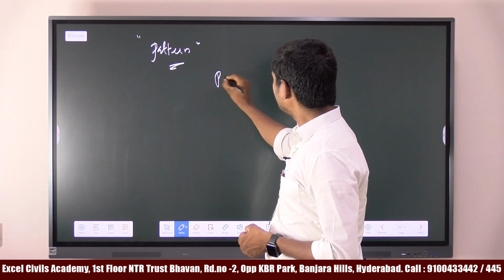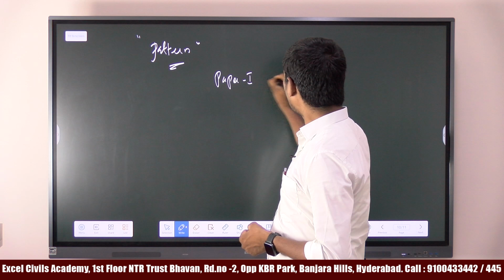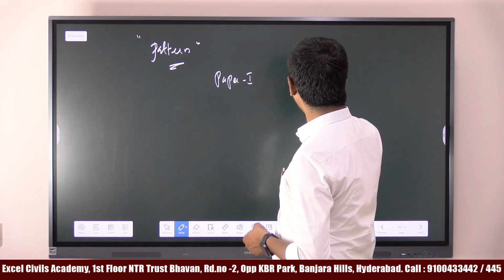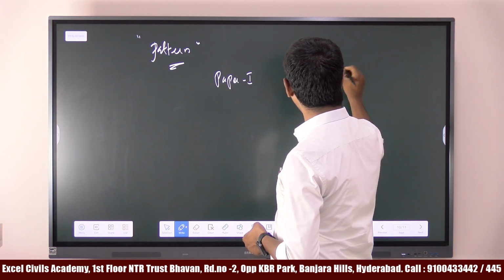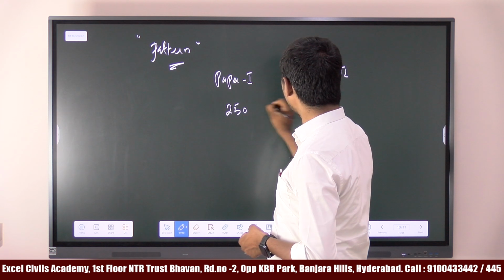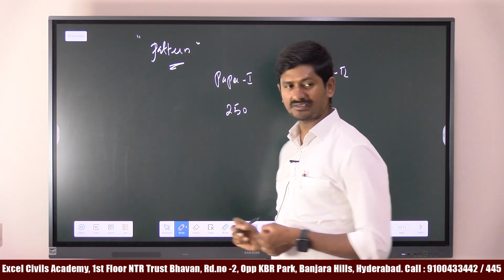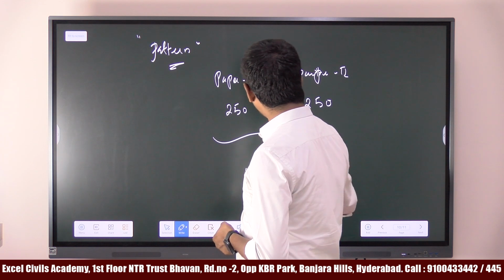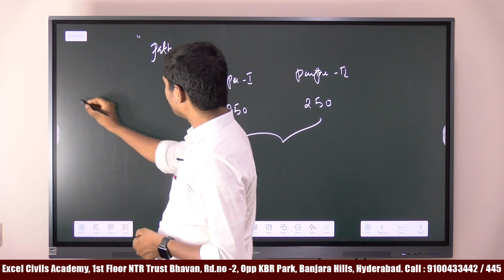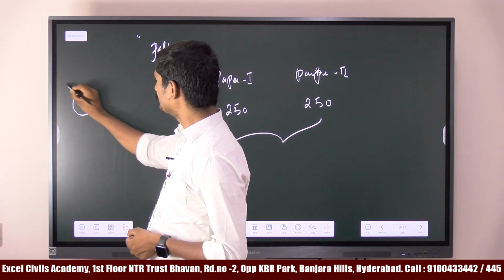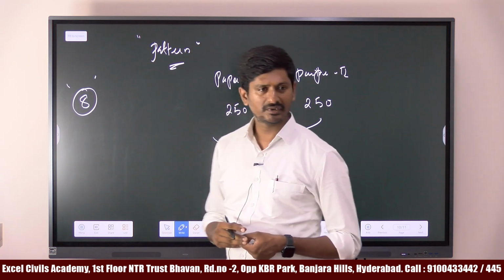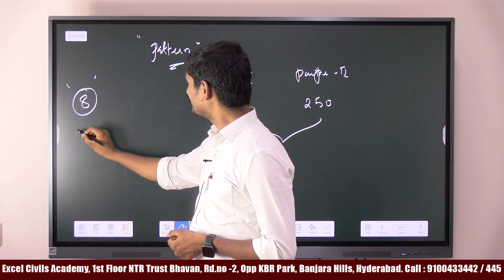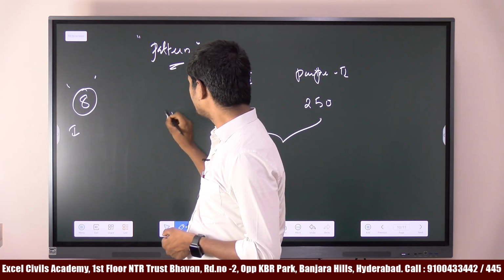Generally, paper 1 and paper 2, both carry how many marks? 250 marks each. Okay. And in both paper 1 and paper 2, how many questions are asked? 8 questions are asked, in 2 sections, section 1 and section 2.